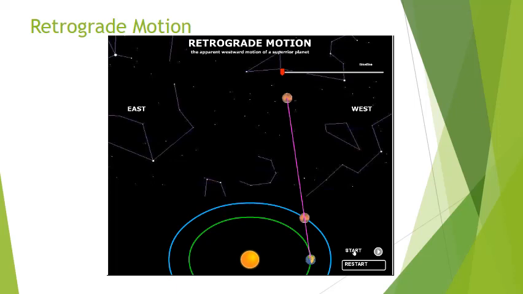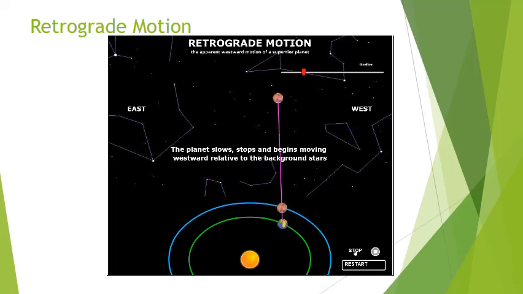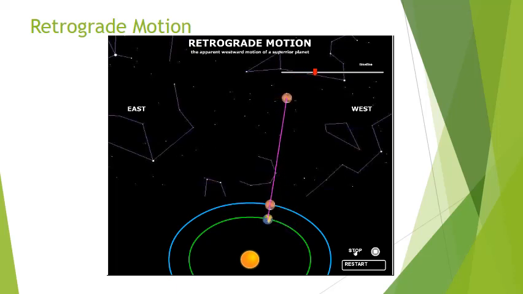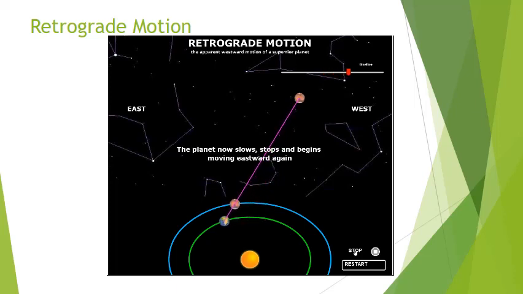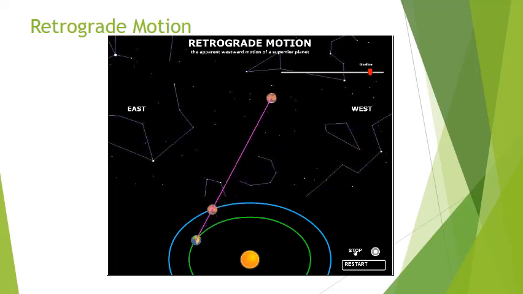So again, initially moving eastward, but now as Earth passes Mars, Mars appears to slow down and then move westward with respect to the background stars for a time period until it then again stops and resumes its eastward motion. Again, this is all due to the changing relative positions of Earth and Mars as they orbit the sun in Copernicus's heliocentric model of the universe.